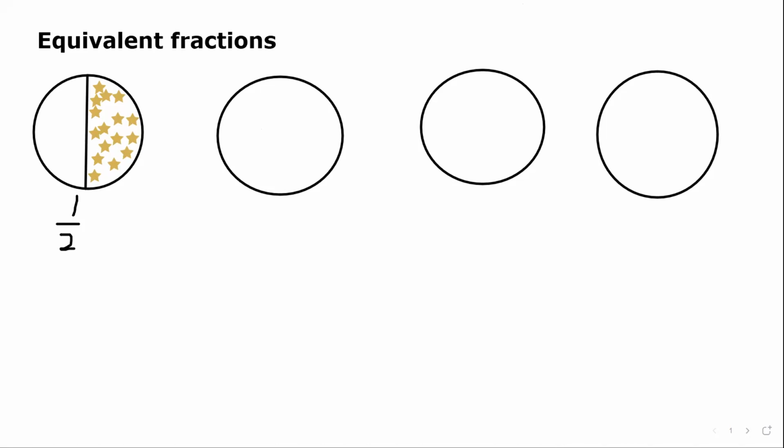With the second orange, somebody may also decide to divide this orange in this way, and then decide to take 2.